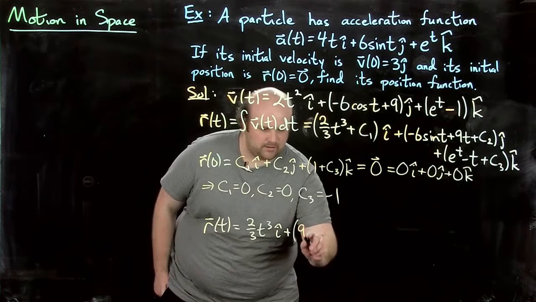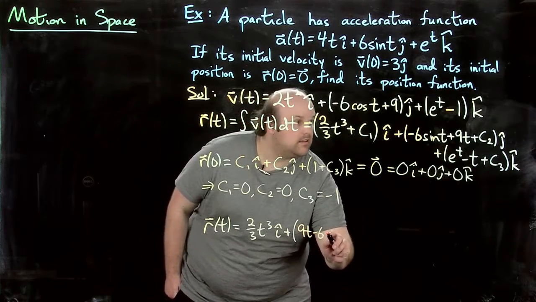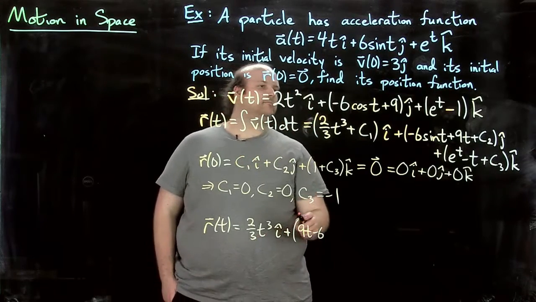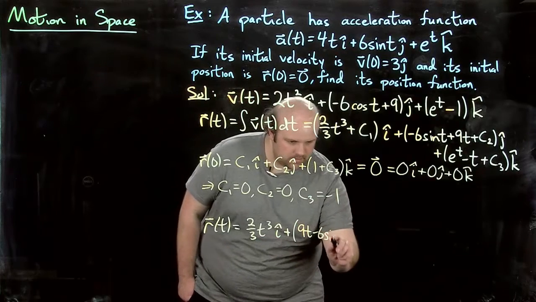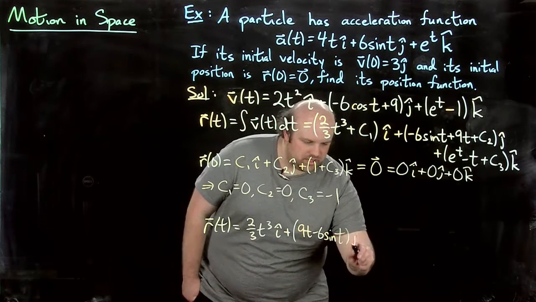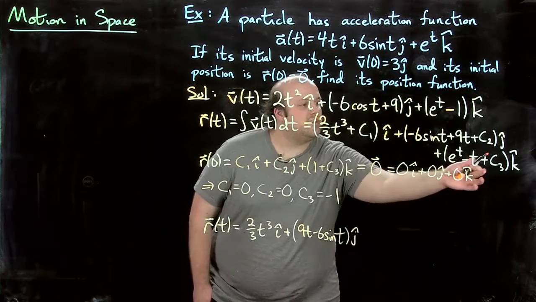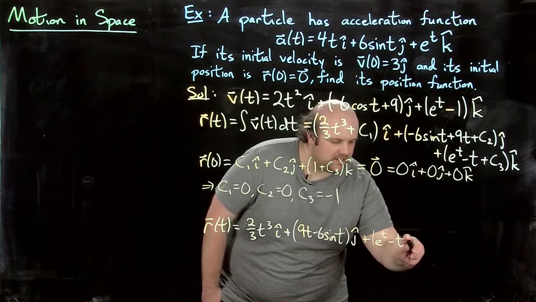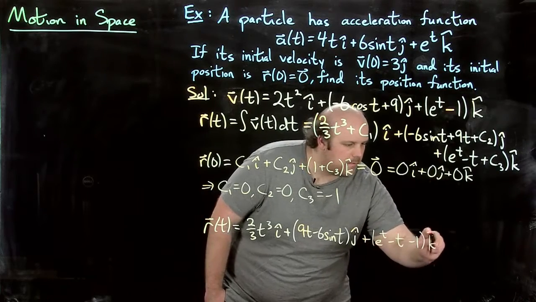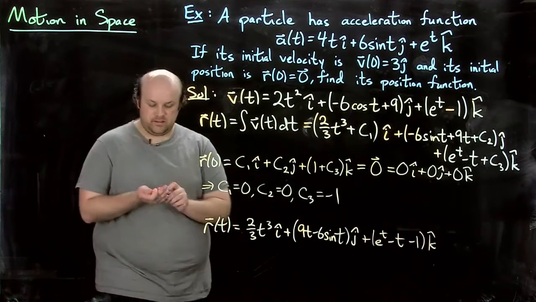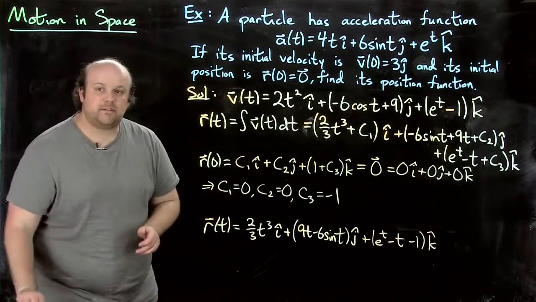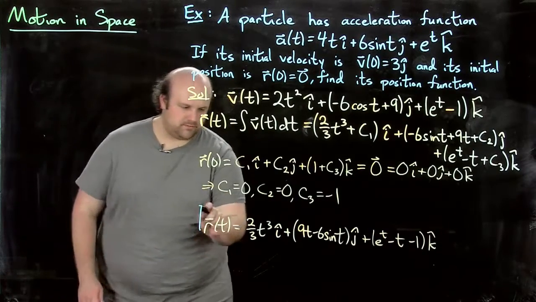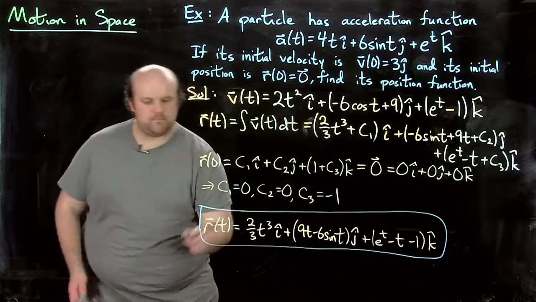So 9t minus 6 sine t j. And then in here, we have e to the t minus t minus 1 k. Right? And that's our position function. So let's put a nice box around it here.